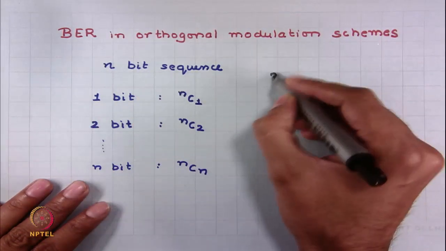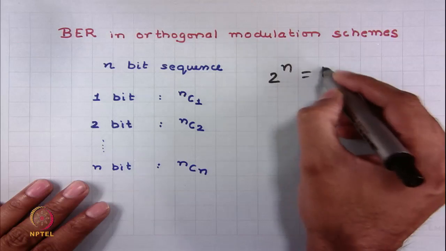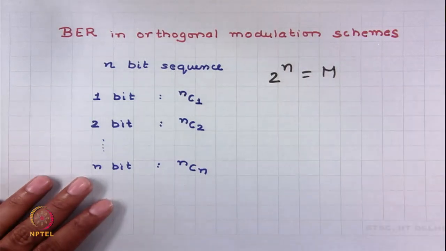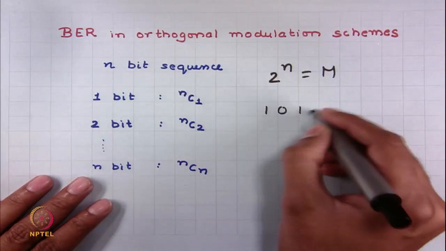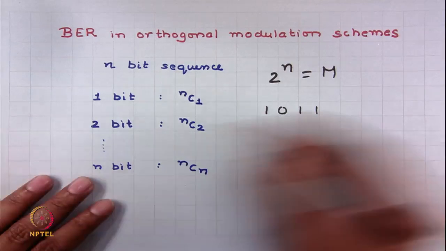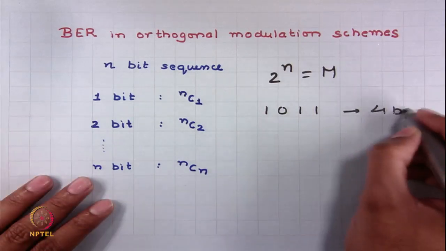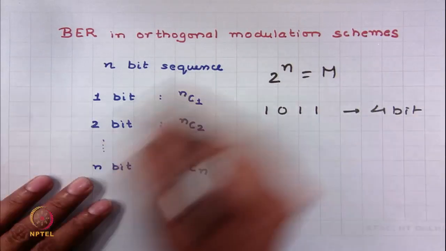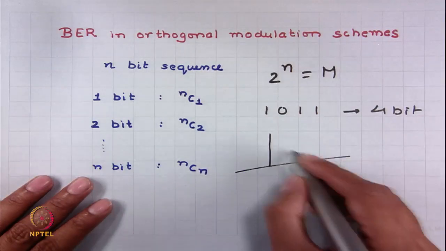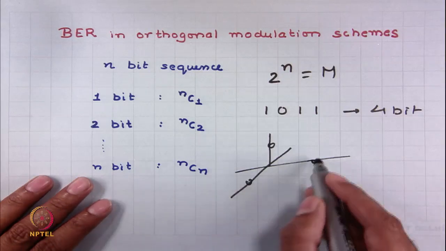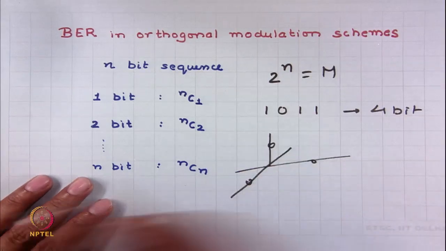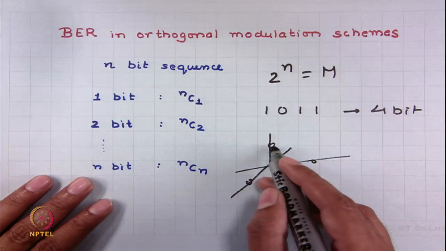That means I have 2 to the power n symbols, and if I have an n bit sequence, let us say I am having 4 bit sequence, and when I am using these orthogonal modulation schemes, remember this picture, all symbols are at equal distance from the considered symbol.